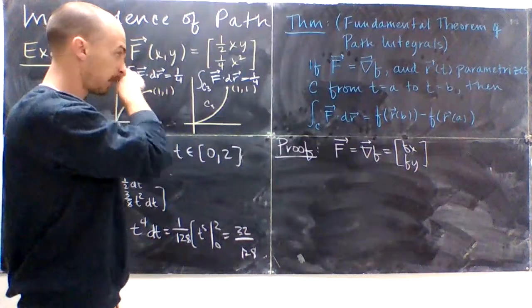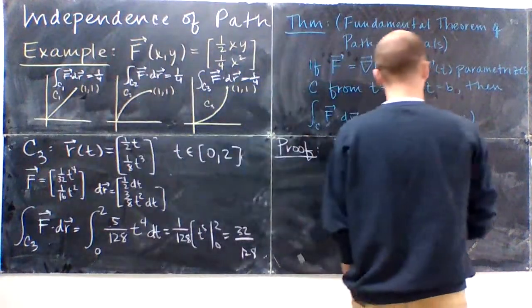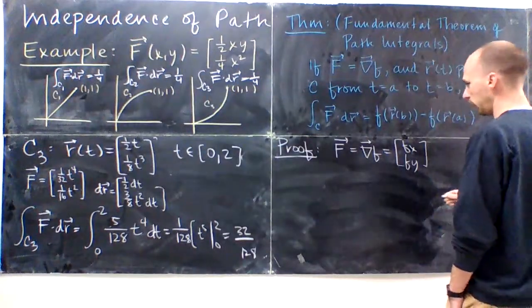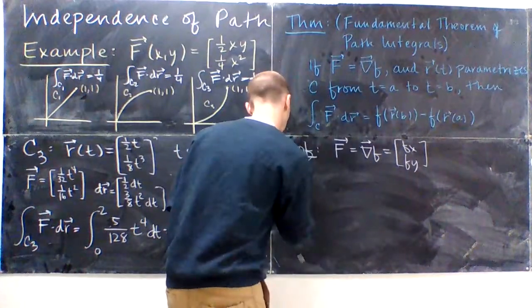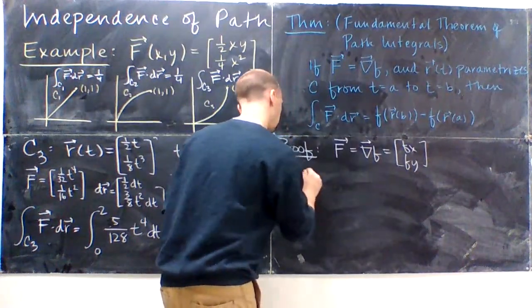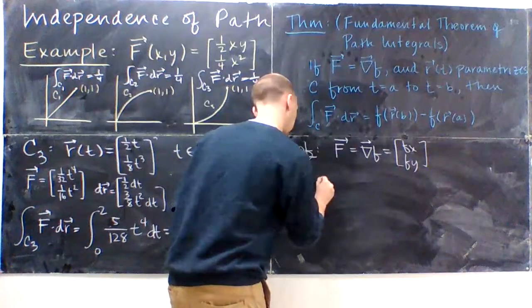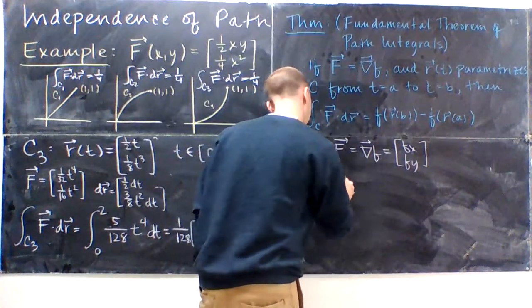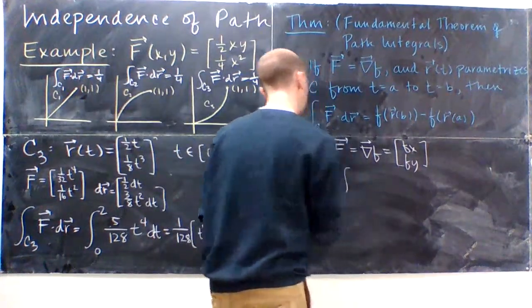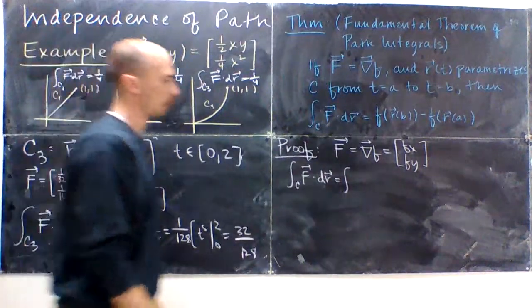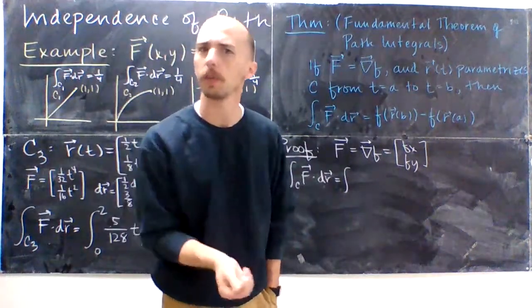And so what else am I going to say here? I've got this, and I'm interested in this integral. So I'm going to say that the integral over curve C of F dotted with dr is going to be the same as integrating from a to b. How do we do this? We pass it through to t.